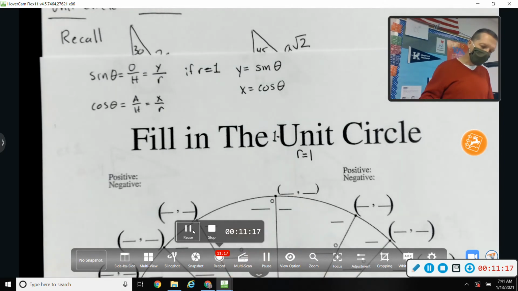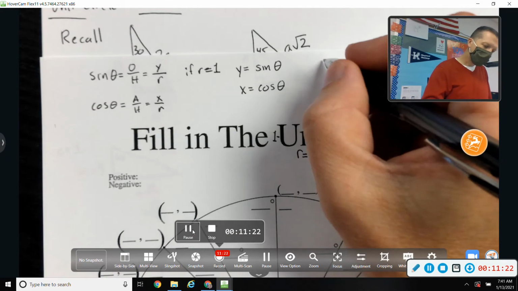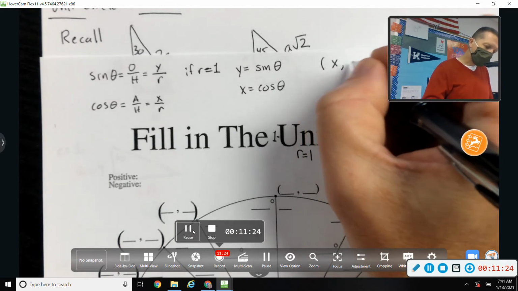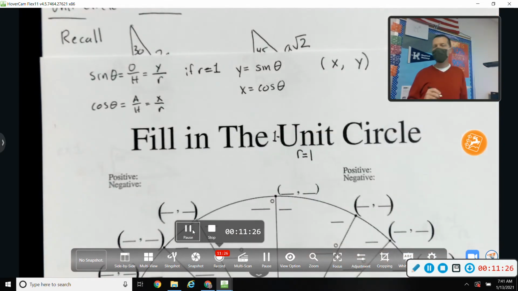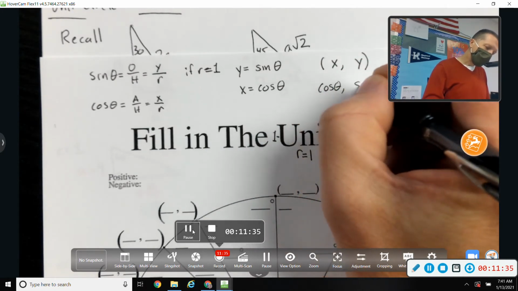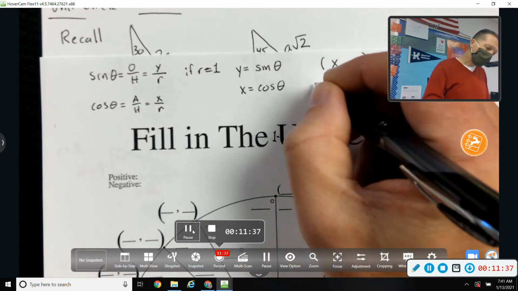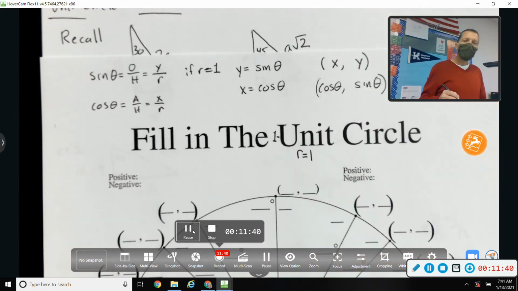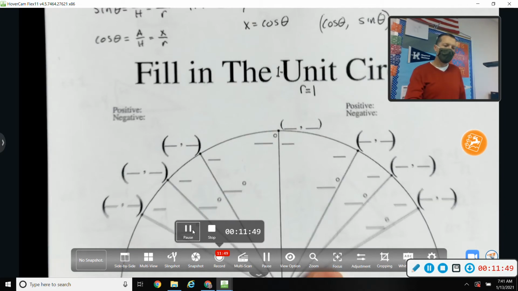And so all those ordered pairs that you see around the outside of that unit circle, of course they're x comma y like normal, like a normal ordered pair is. But the x tells us the cosine of that angle, and y tells us the sine of that angle. So that's kind of the big deal of the unit circle, is the x and y coordinates are the same as the cosine and sine of that angle.